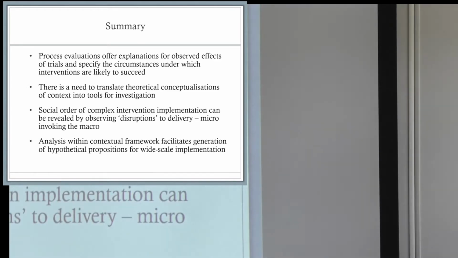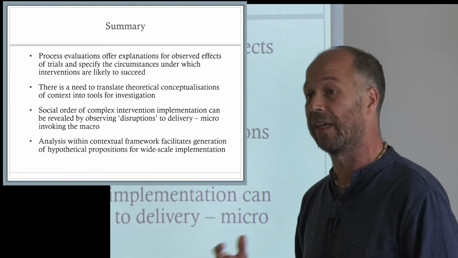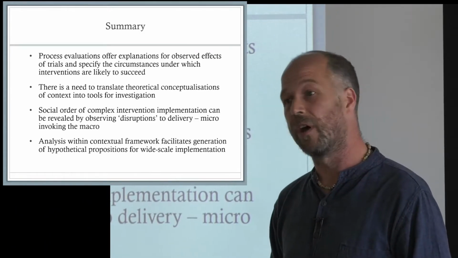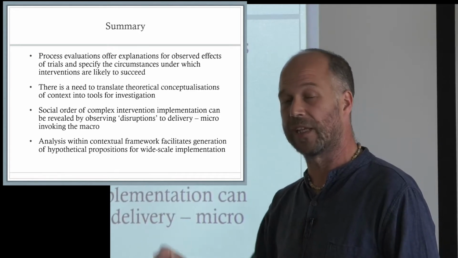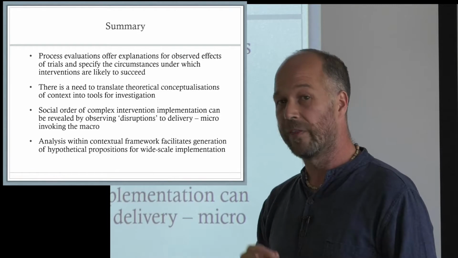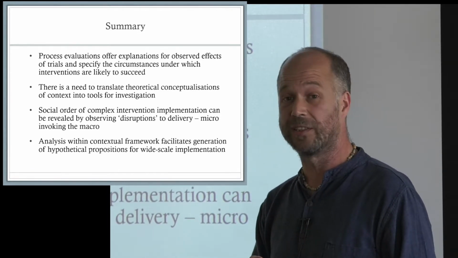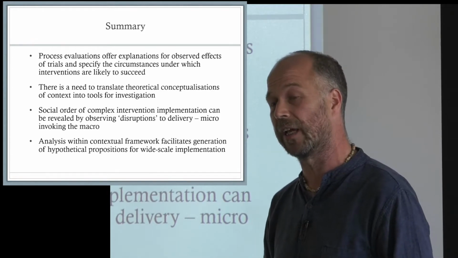So I guess what I've tried to show is that process evaluations are really about unpicking the observed effects of trials, but it's about specifying the circumstances under which something is going to be successful. And one of the main challenges is about taking conceptualizations of context into methods for investigation.